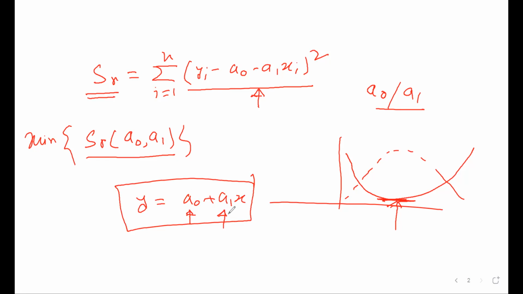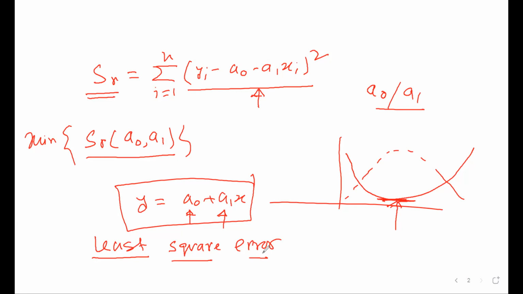We have to determine the unknowns in such a way that we take the error at each point, square it, sum the squared errors, and make this sum of squares of errors minimum. This algorithm is called least square error. Least means minimum squared error.